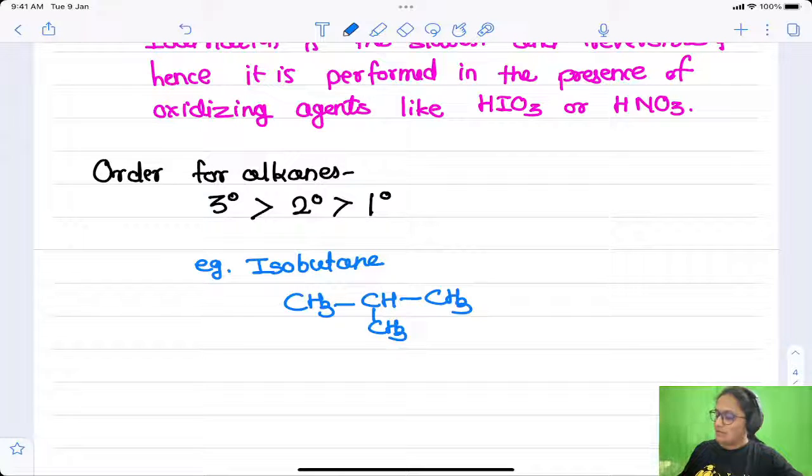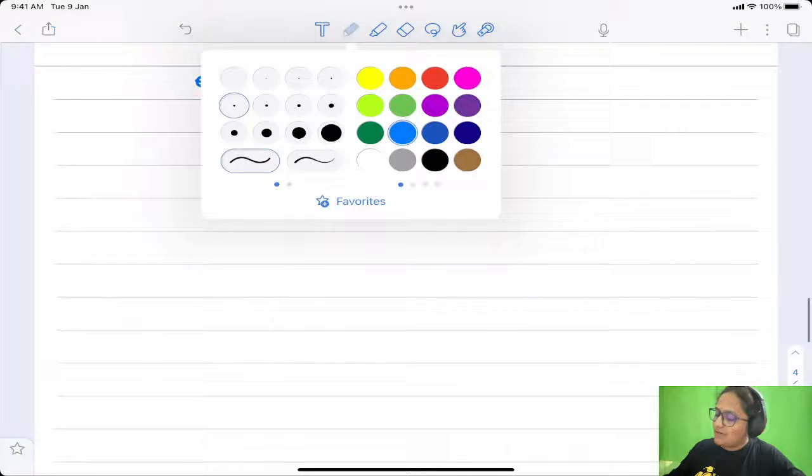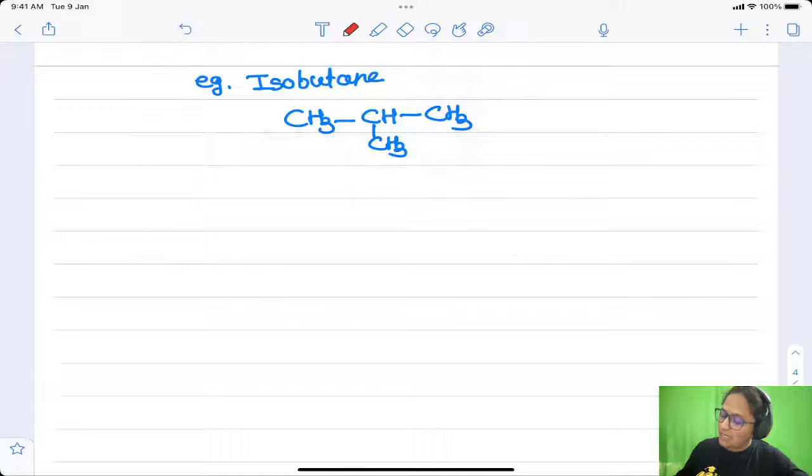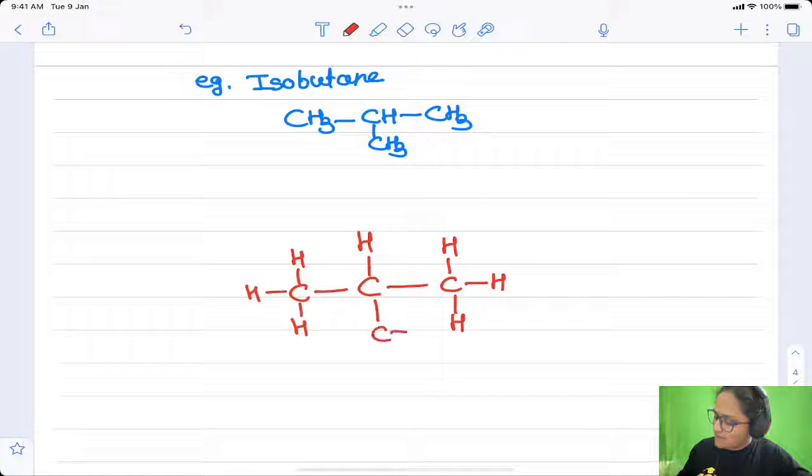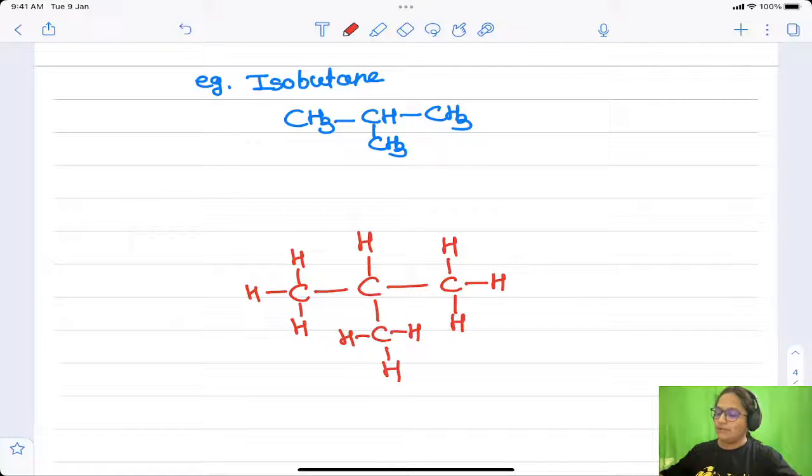Here there are different types of carbon atoms. I will expand the structure: C attached to H, then C attached to H, H, and so on for isobutane. Now you can see there are different types of carbon atom.